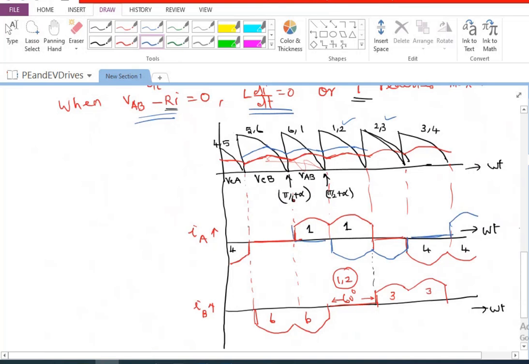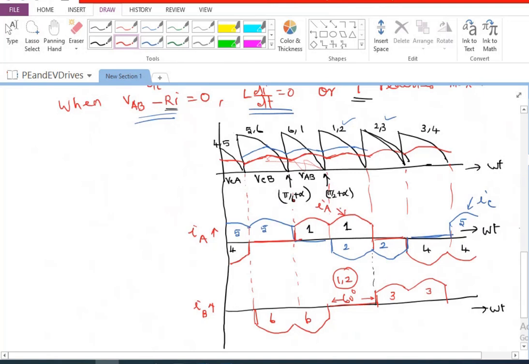So this is the way you are going to have the current corresponding to C phase. So this will be 5, this will be 5, device number 5 conducting, and this will be 2, and this will be 2, and this is IC. Whereas this is going to be IA.